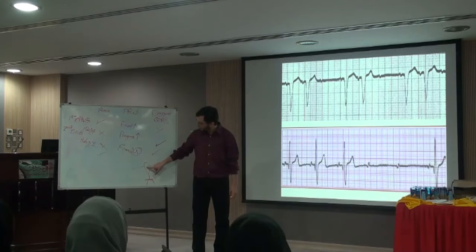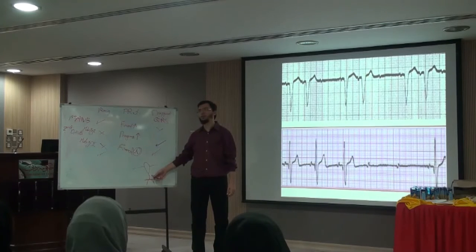So if the block is occurring at the level of the AV node or in the proximal part of the His bundle, we call it suprahisian. Some people say supra or intrahisian. In this type you get a narrow complex.